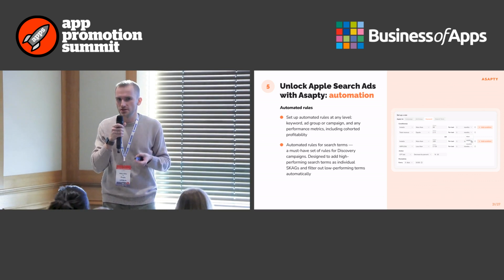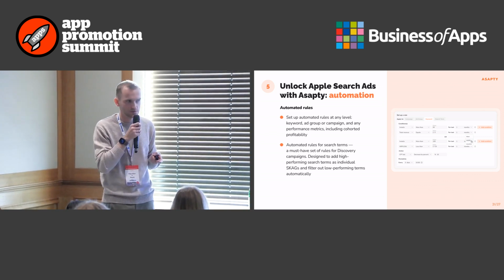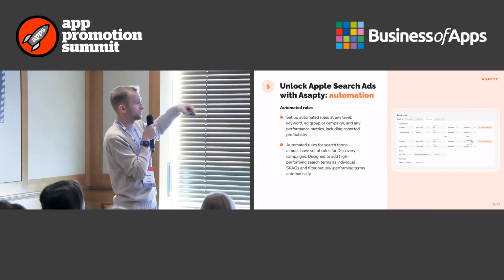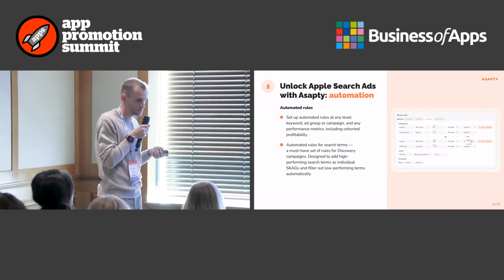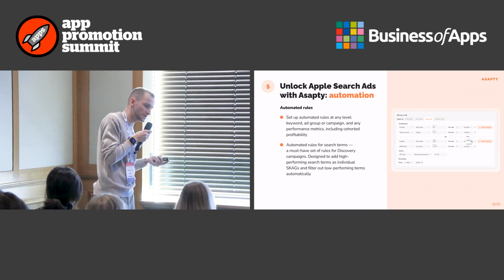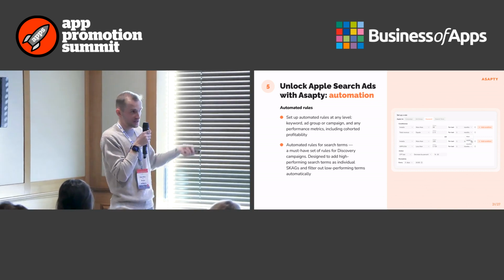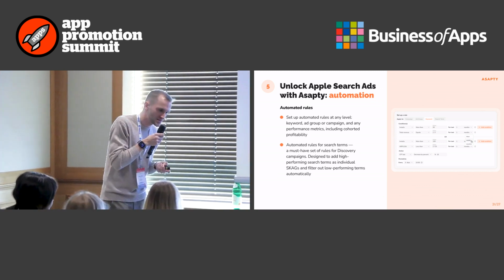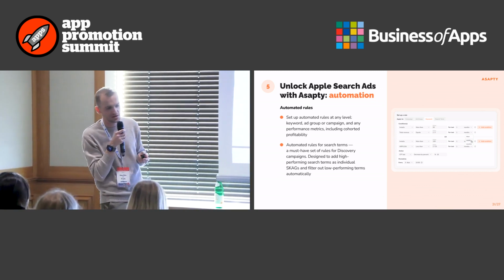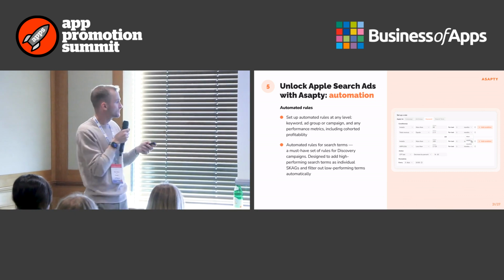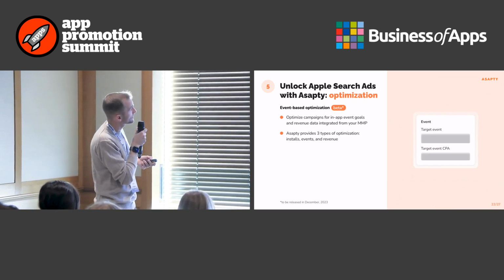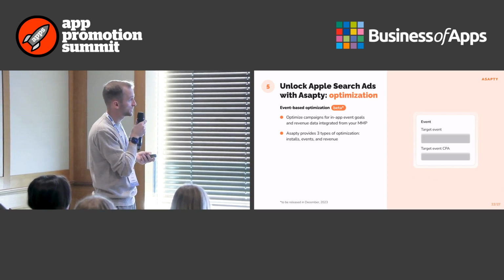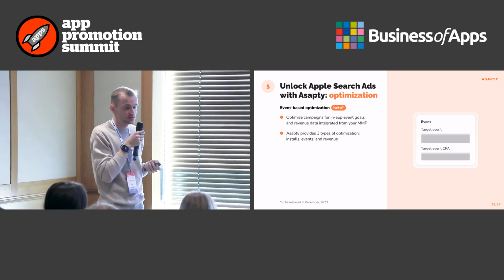You can't impress anyone in 2023 with automated rules, but we have automated rules for your search term level, which means you can apply them to your discovery campaigns, so you will not spend a lot of money on irrelevant keywords or keywords that you would not like to buy. And we have event-based optimization in our closed beta. It will be released during December.